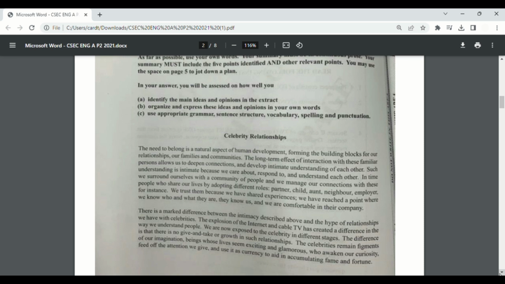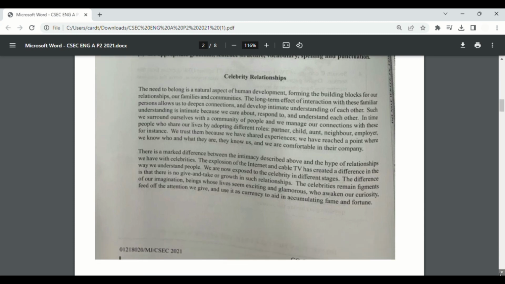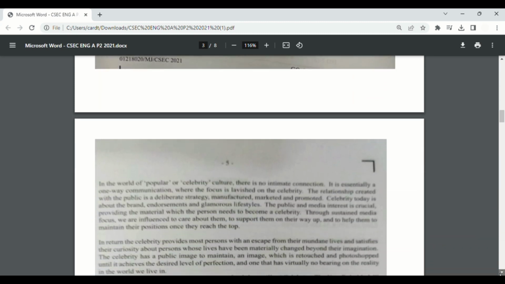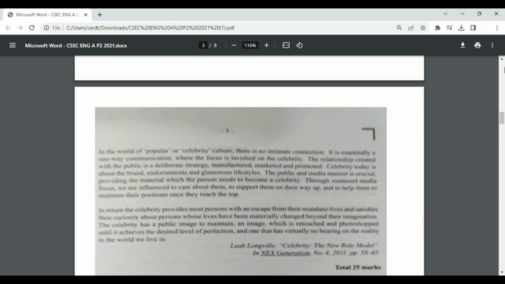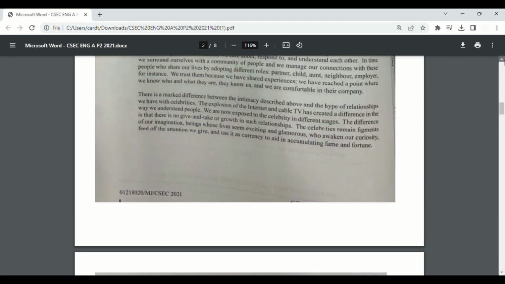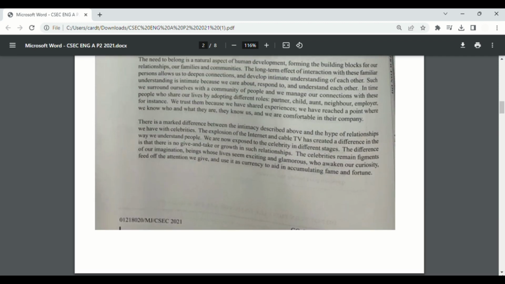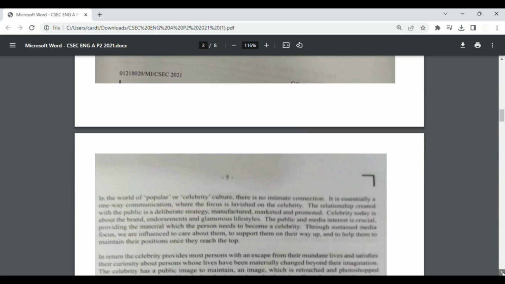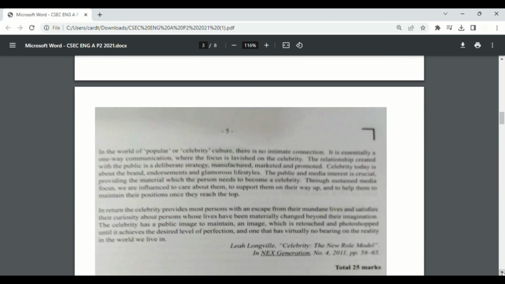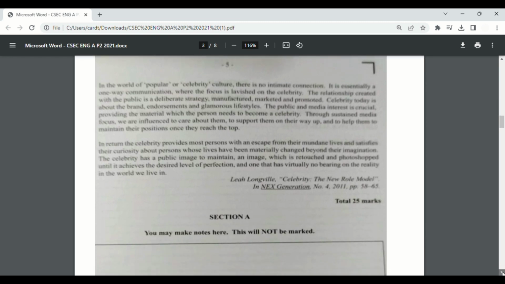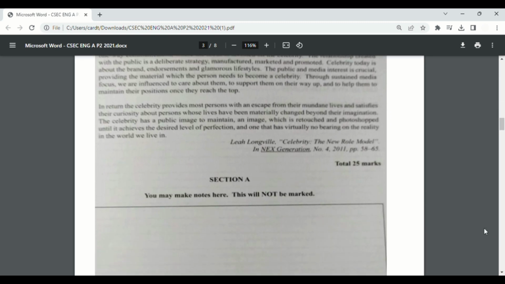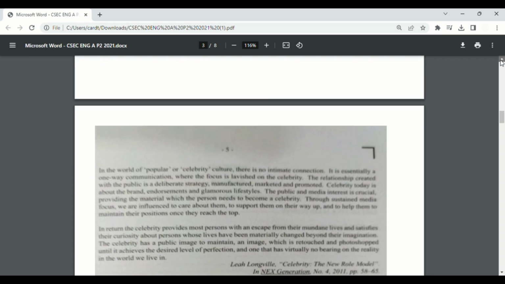You should have said, okay, this piece of writing, this celebrity relationships piece, is probably maybe 400 words or something like that. Somewhere in that range, I can estimate. The first thing we know about summaries is that they are short.